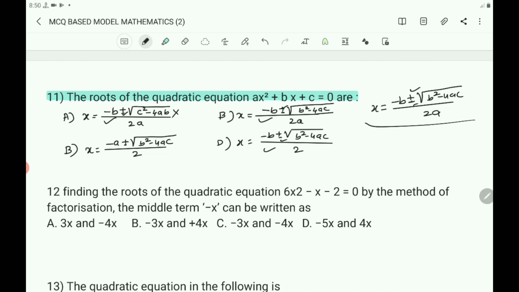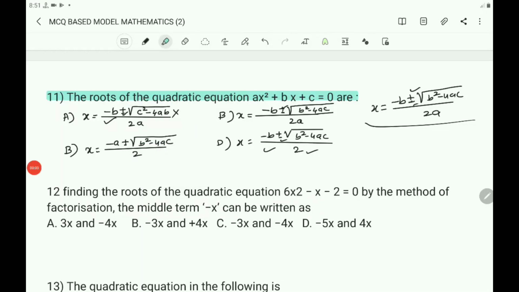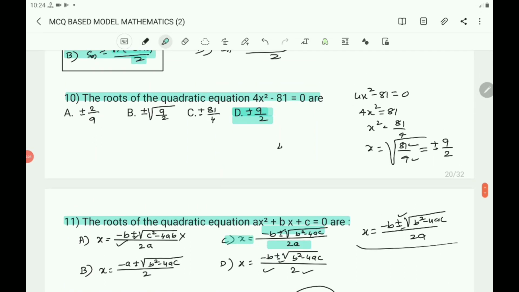Here minus b plus or minus root of b square minus 4ac by 2a is there, so the answer is option C. That is x equals minus b plus or minus root of b square minus 4ac by 2a.